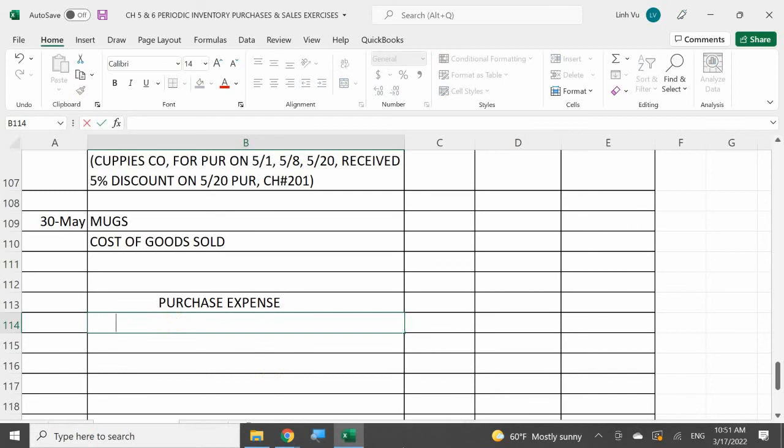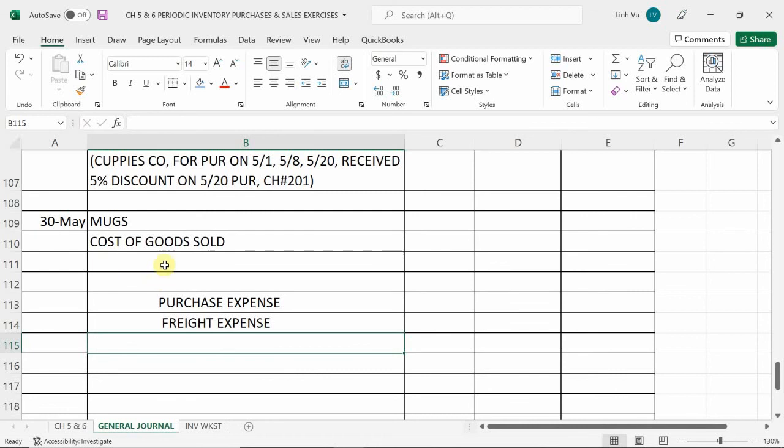Okay. And what else? Net purchase. Okay, how about we just solve for what we have and then we'll figure it out from there.